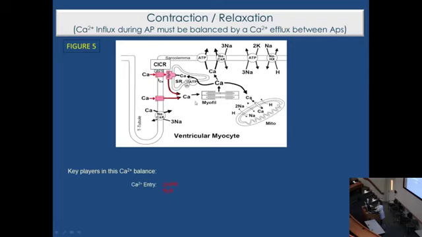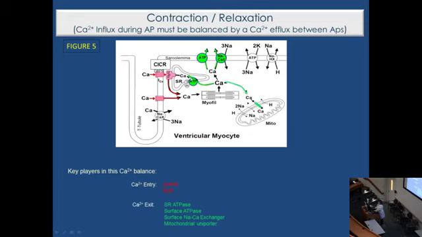They will contribute to increase the calcium concentration in the cytosol, which will then bind to the myofilaments and produce contraction. Then this calcium, in order for the cell to relax, needs to go back to either the extracellular space or inside of the sarcoplasmic reticulum. And here in green, I have the mechanisms to do that.